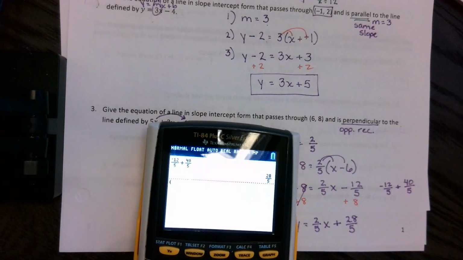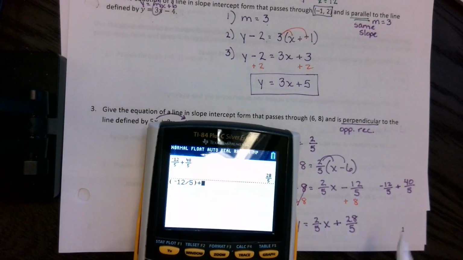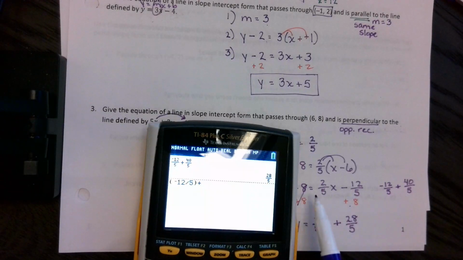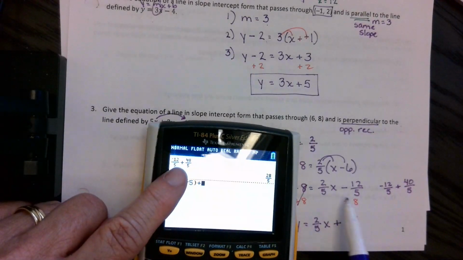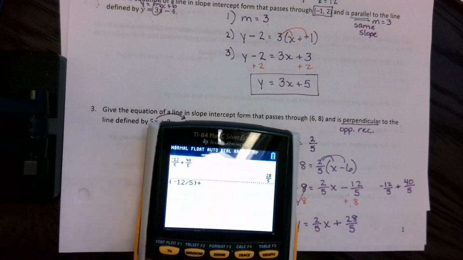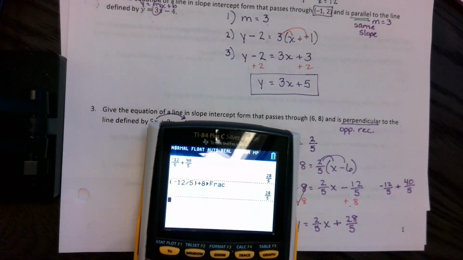If you don't have the fraction key, I like to put my fractions in parentheses: negative 12 divided by 5, plus 8. I didn't really have to do this. I meant to just do this part right here, but I'll do that in a minute. I'm going to hit math fraction. There you go.